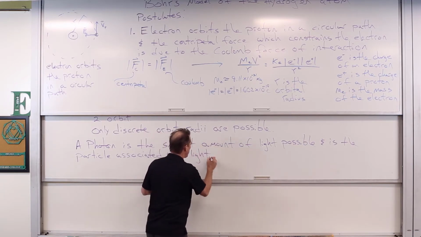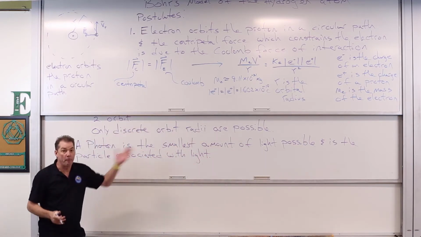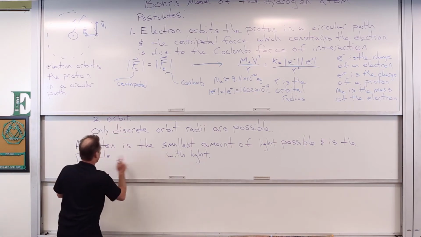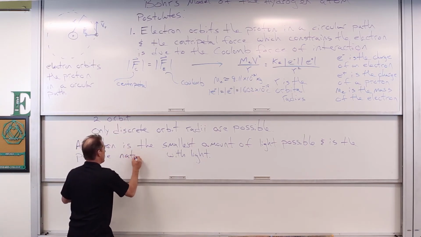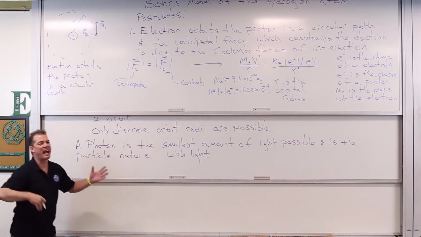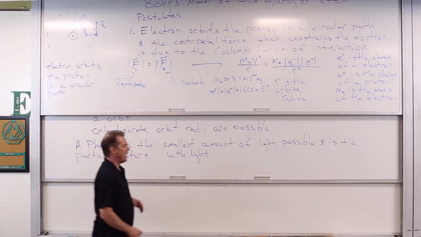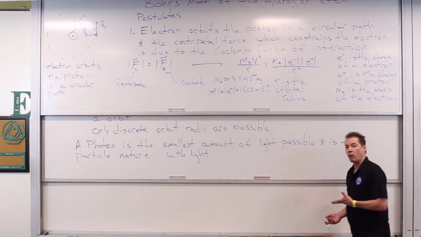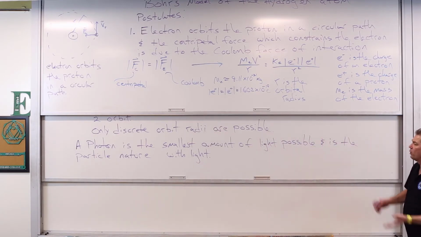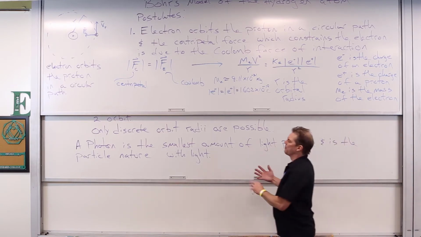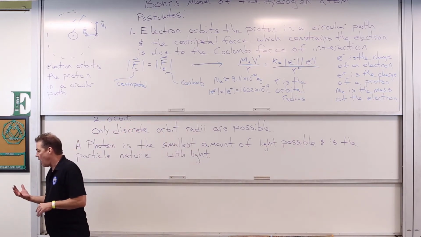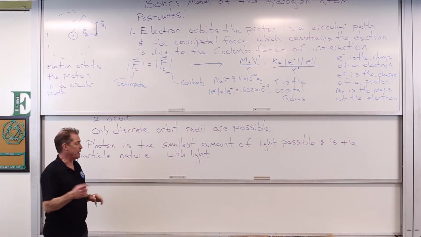And it's not even really associated with light, it is considered the particle nature of light. Everything has both wave properties and particle properties. Light does too. Sometimes it behaves more like a wave, sometimes it behaves more like a particle, but ultimately it was understood to some degree that there was the ability of light to take on sort of particle properties.